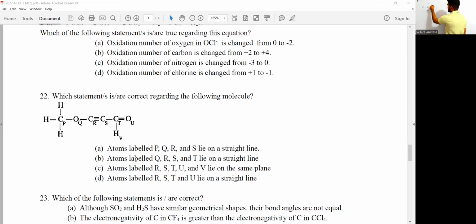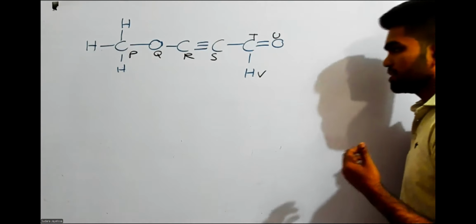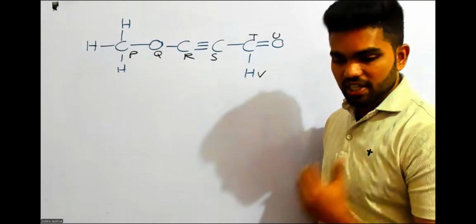So the given molecule is like this, and they have labeled these atoms P, Q, R, S, T, U, and V. Now, to start the question, first of all, get the Lewis structure.